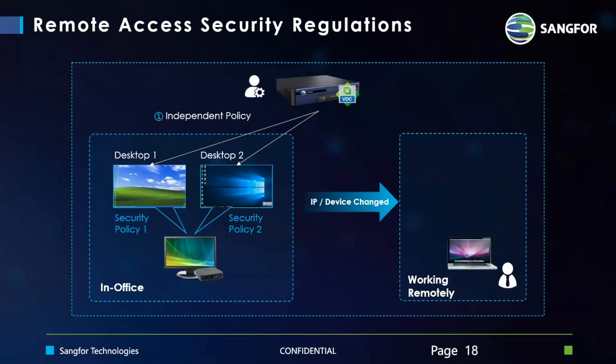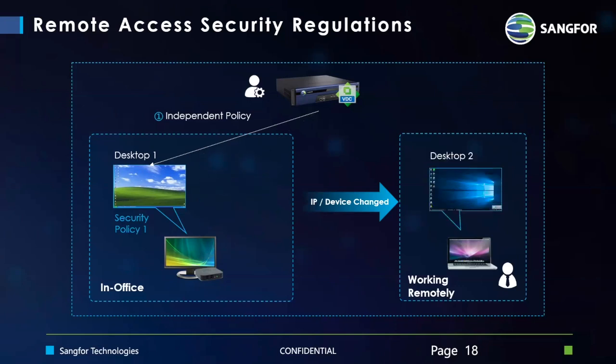And then if a user has two resources, like desktop one and desktop two, you can have a separate security policy for desktop one and for desktop two. Let's suppose in desktop one, a user can have USB access, but in desktop two, the user cannot have USB access. So you can give independent policy to the user.